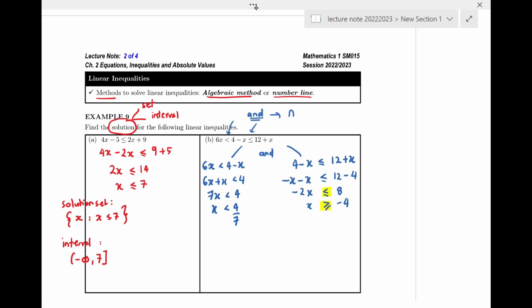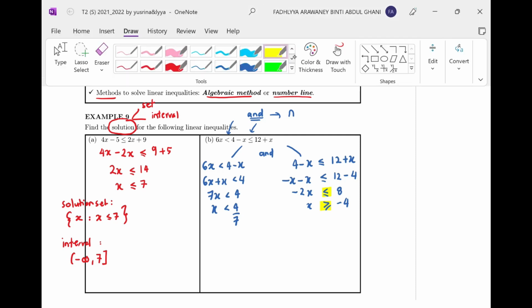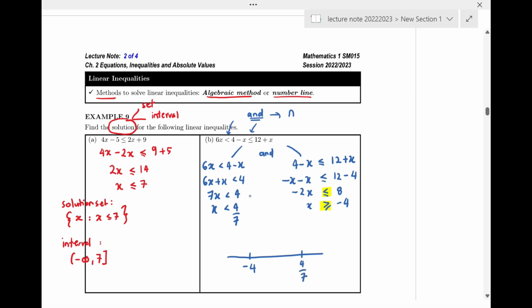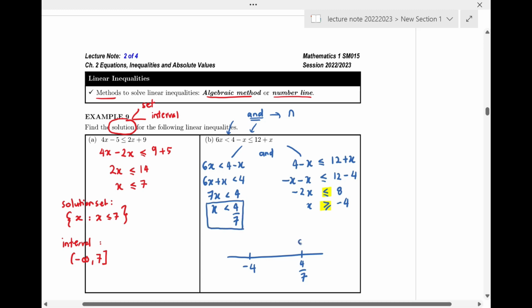Now we are done finding the inequalities of x. Remember, we have to combine them using our number line. So draw a number line and put all the numbers that we have onto it. We have negative 4 and 4 over 7. For the first one, we have x less than 4 over 7, not inclusive, so an open circle, less than 4 over 7.